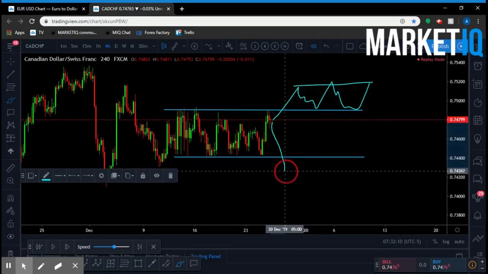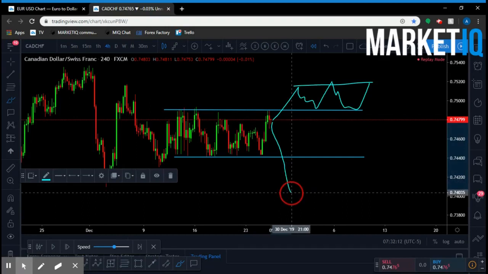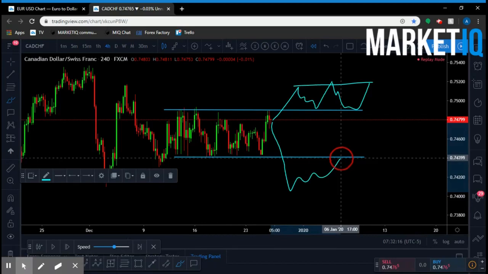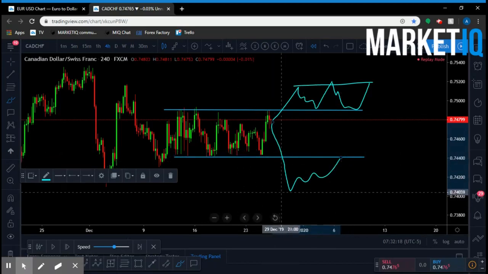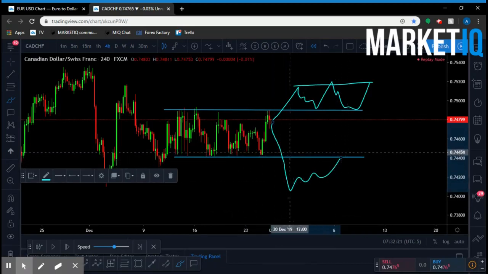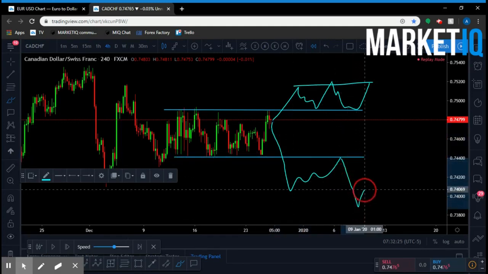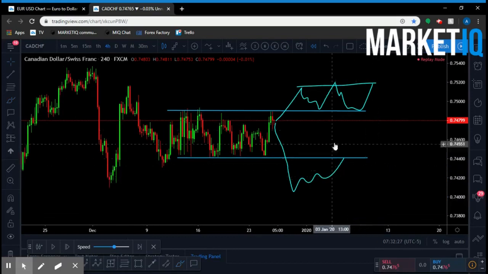So let's pretend price broke down our support and came back up and tested it. Your support is now resistance. The floor is now the ceiling. And so on and so forth.